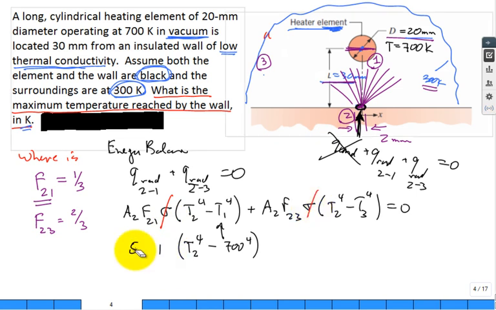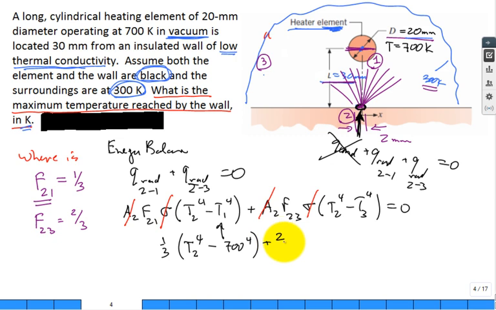So let's skip it. Doesn't the area 2 cancel on both sides? Sure. So all you have is this fraction 2 to 1. That's a third. And then over here, this is 2/3. Let's leave it 1/3. This is 2/3 times T2 to the 4th minus 300 to the 4th.